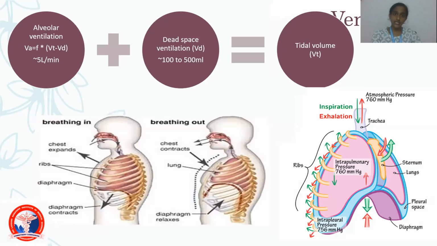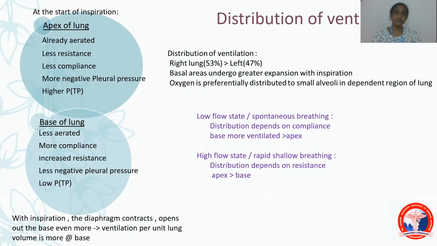So we all know that tidal volume is a combination of alveolar ventilation along with the dead space ventilation. You must have all read this in your first year MBBS physiology. Just a comparison of what occurs at the apex as well as at the base of the lung. The apex is usually always aerated, even during inspiration when the air enters.